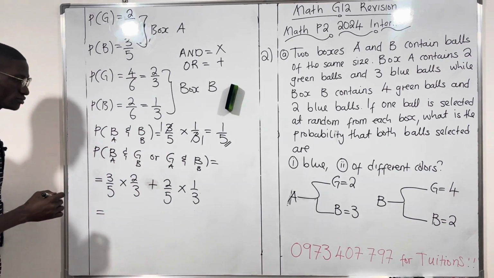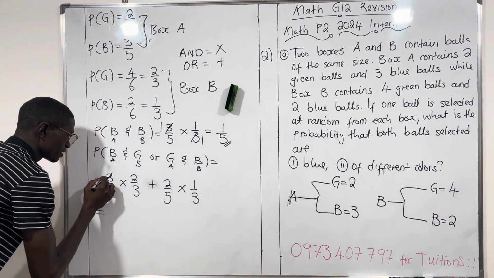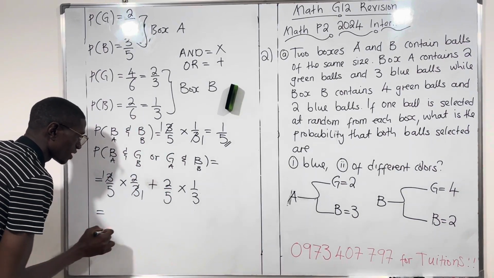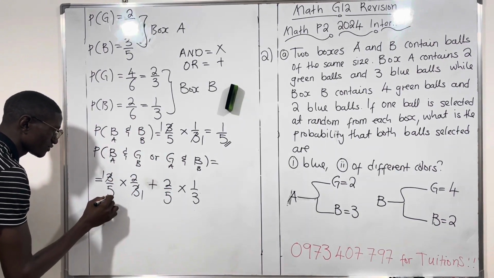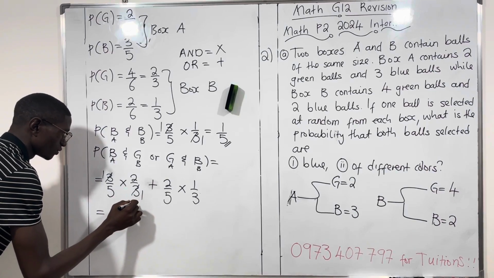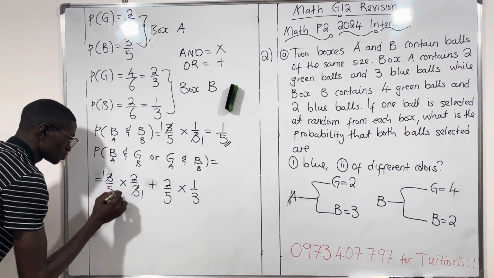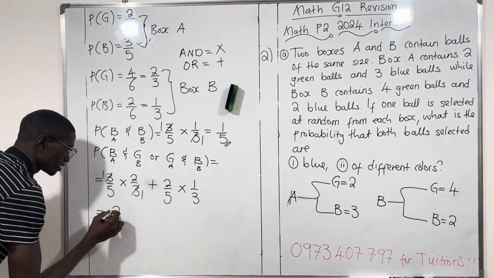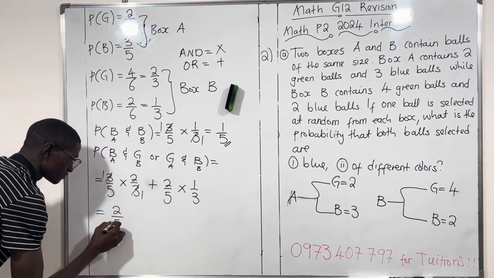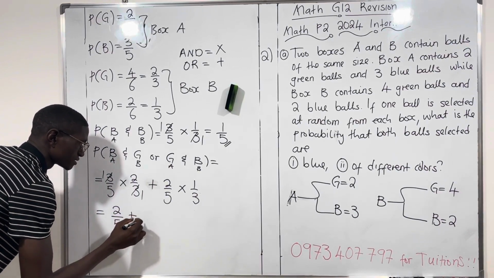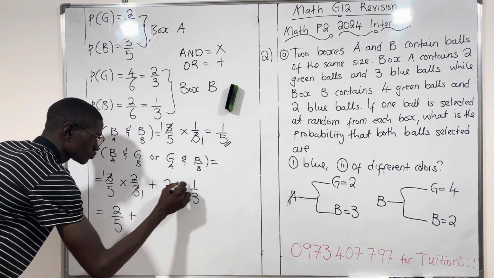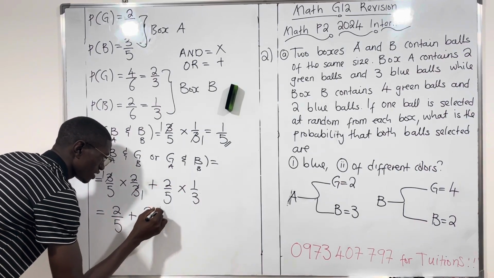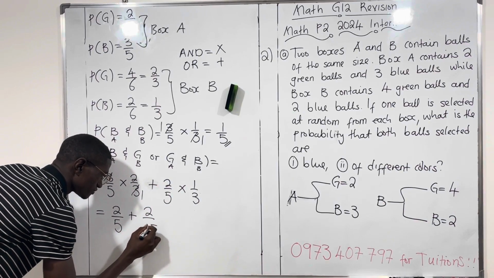We can simplify there, 3 and 3, and remain with 1 over 5 times 2 over 1. So 1 times 2 is 2, 5 times 1 gives us 5. Then we say plus. There we can simplify: 2 times 1 is 2, over 5 times 3, that is 15.